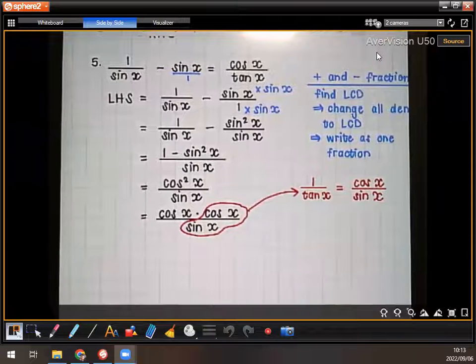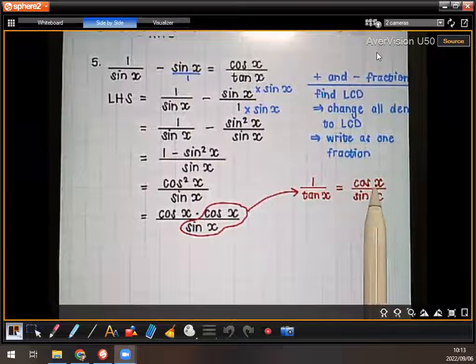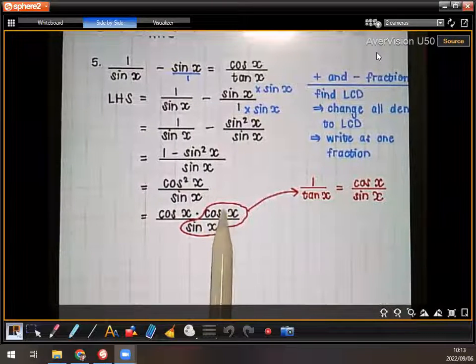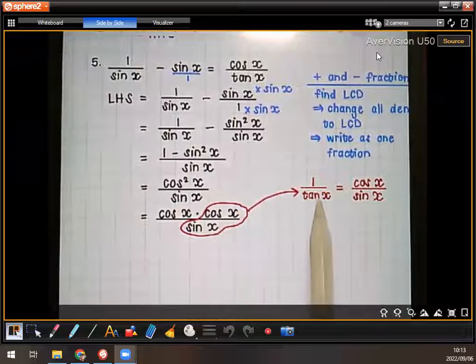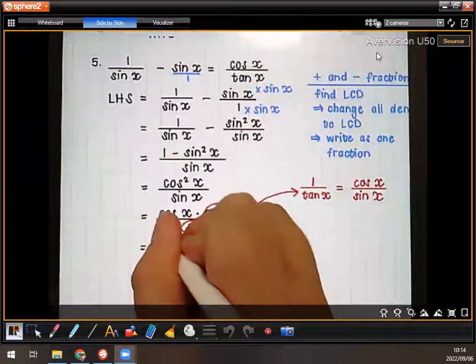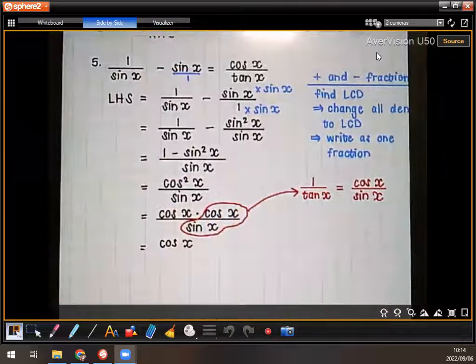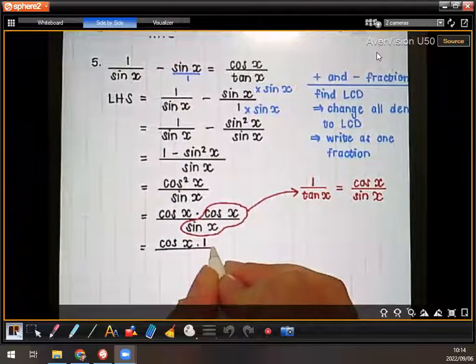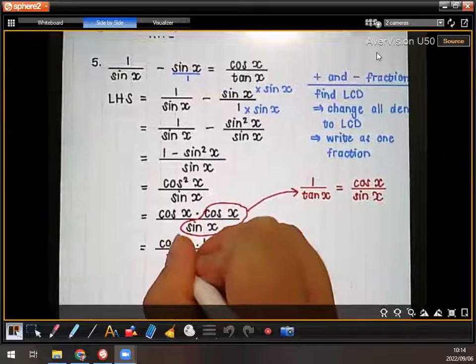But it was over sin x, right? So if you remember this, it's almost like a result of the second identity that we did yesterday. We just write it down. You can change cos x over sin x to 1 over tan x. So it can look like this. You have your cos x at the top times 1 over tan x.